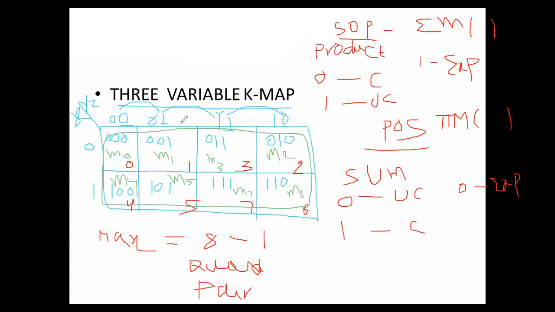First we discuss sum of products terms. So if all are ones, then we take the group like this, the octet. One octet is formed like this.